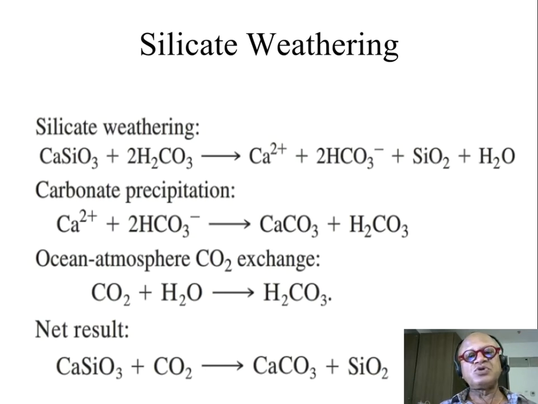But you have taken up 2, so you are essentially sequestering 1 CO2. So when you do silicate weathering, you are essentially sequestering 1 CO2 mole as solid precipitation of calcium carbonate, as opposed to calcium carbonate weathering. This is the big difference.